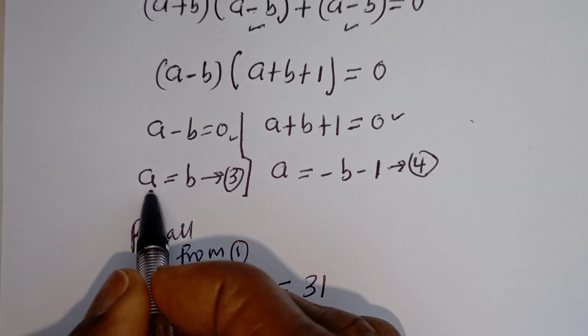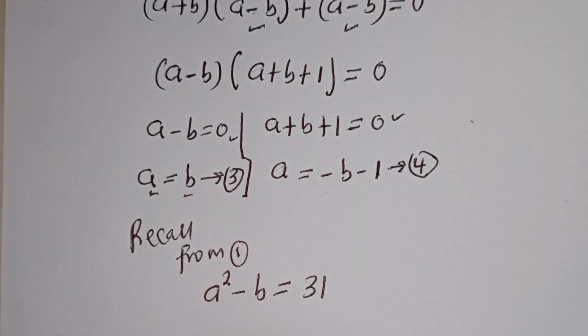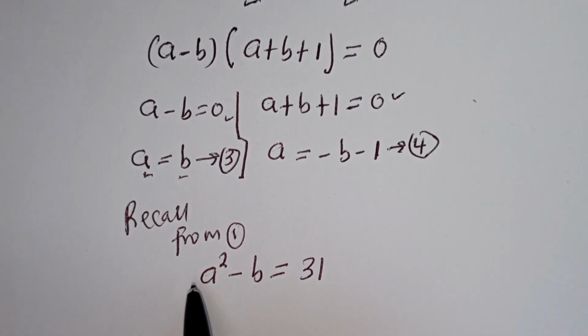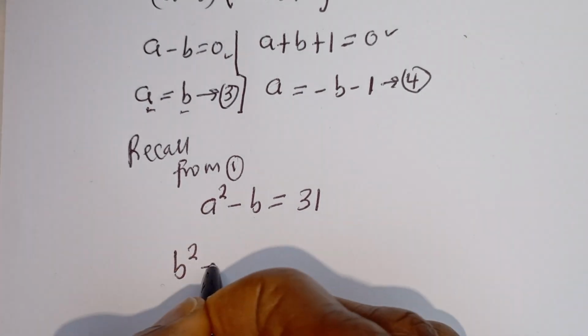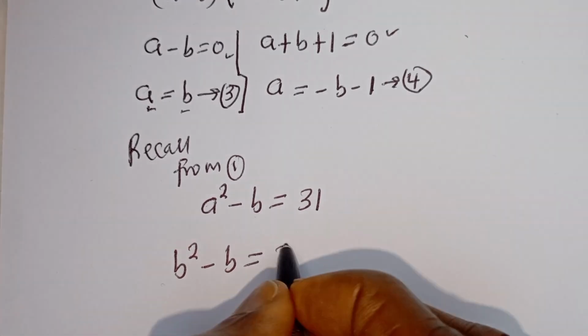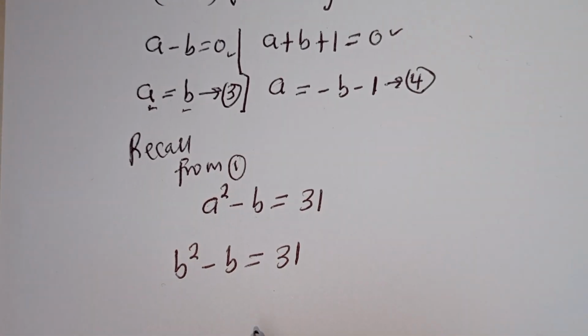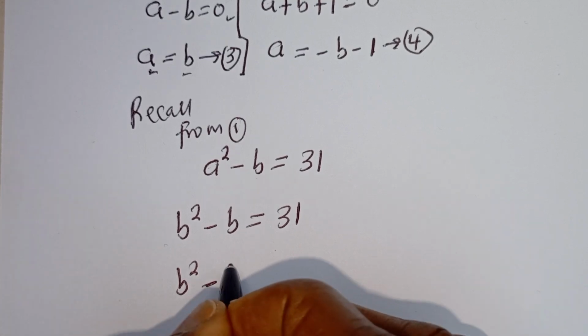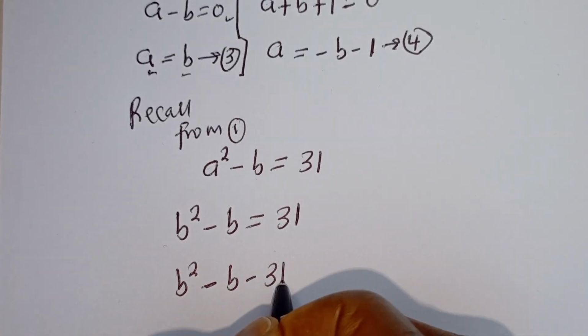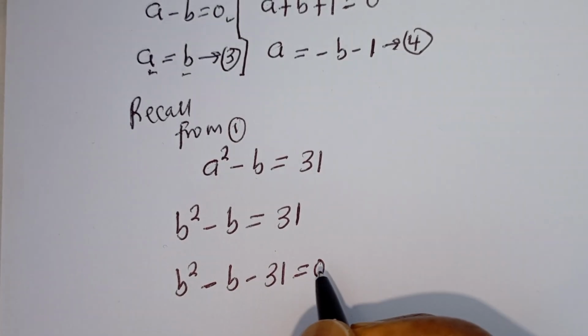But here a is equal to b, so we can now substitute for a. Then we have b squared minus b is equal to 31. Now here we have b squared minus b minus 31 is equal to 0.